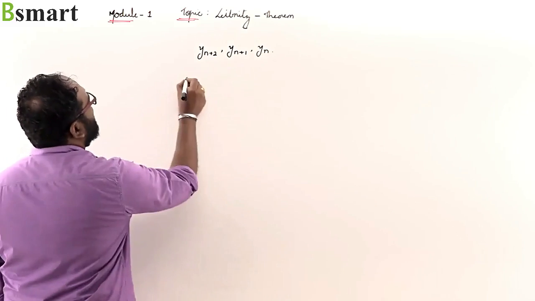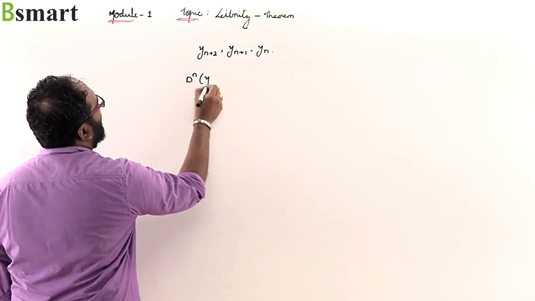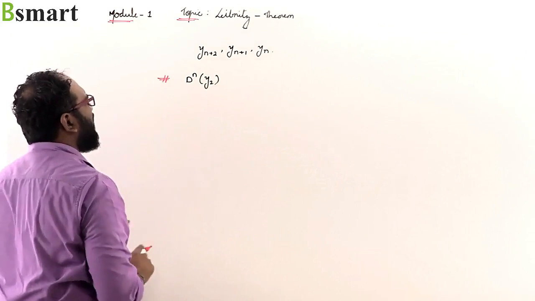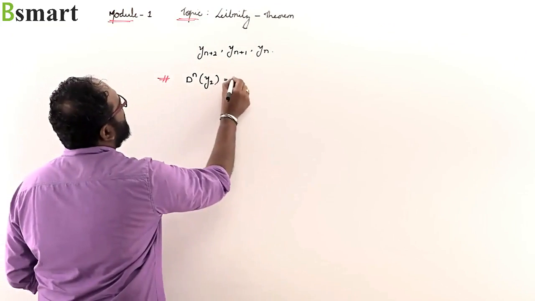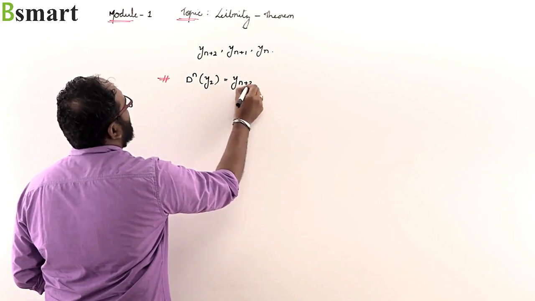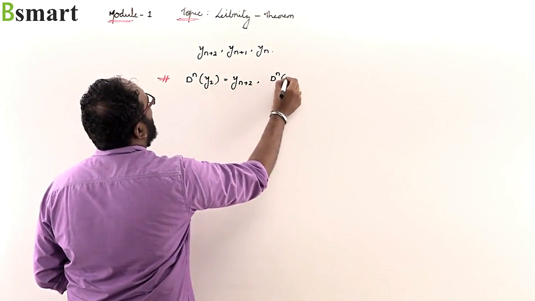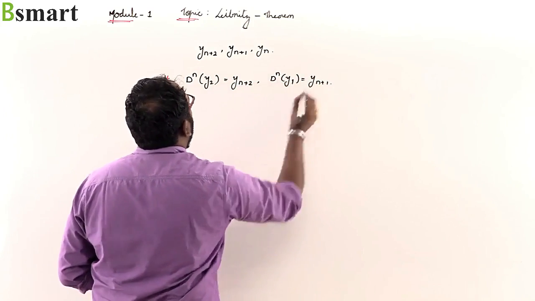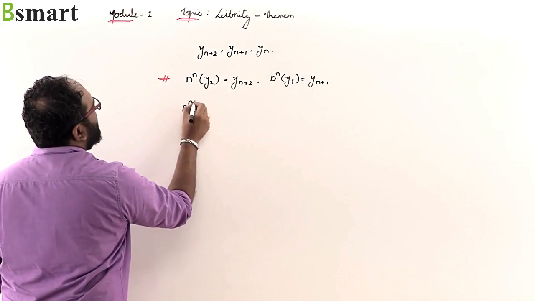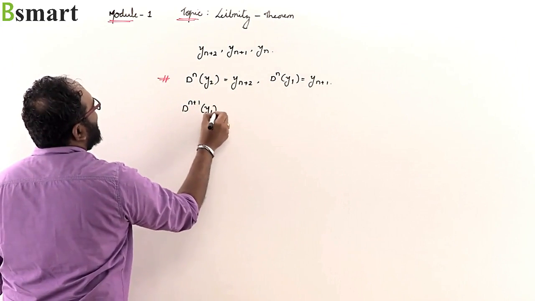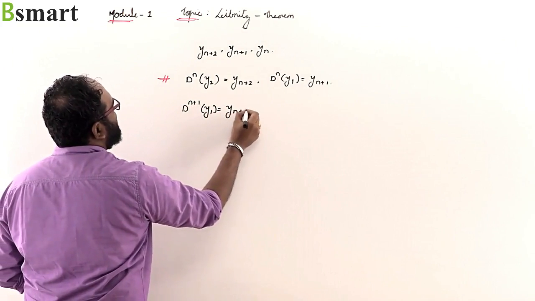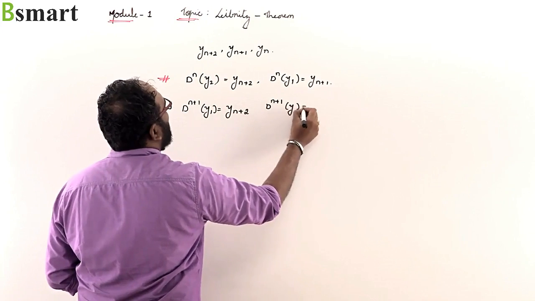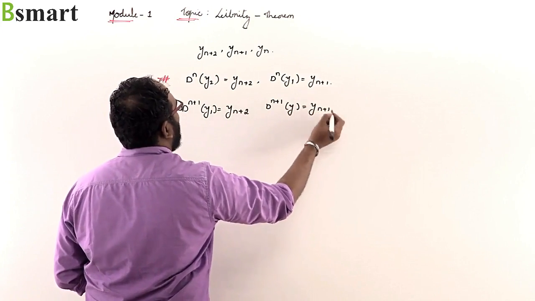Now remember, so that is d to the power n of y2. So remember this as a note point. D to the power n y2 will be equal to yn plus 2, and d to the power n y1 is equal to yn plus 1, and again d to the power n plus 1 y1 will be yn plus 2, and d to the power n plus 1 y will be yn plus 1.